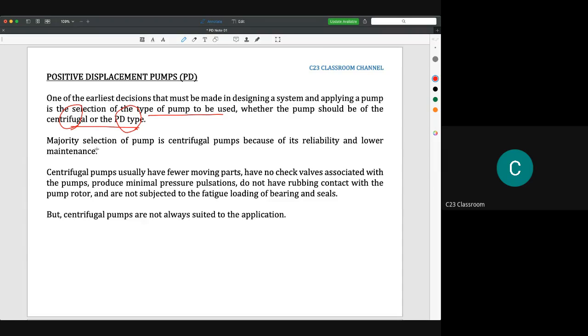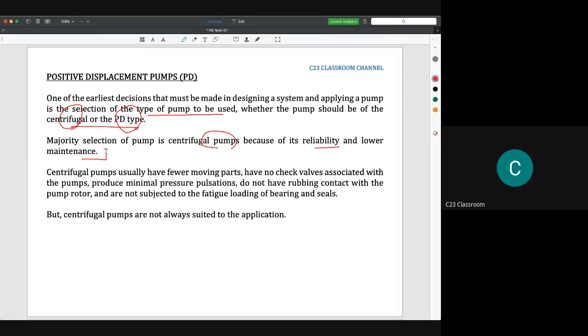Okay, the major selection of pump is centrifugal because of its reliability and lower maintenance. So this is the advantage of the centrifugal pump, because if you have the chance to look inside a centrifugal pump, you could Google it, you could see it on YouTube.